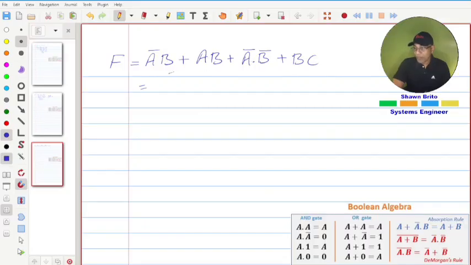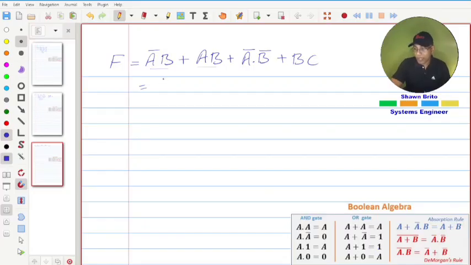Now we can simplify these two. Why would I want to simplify these two? Because if I take the B out, I will have A plus A bar, and I can simplify A plus A bar as 1. You can see it down here in the table of Boolean algebra: A plus A bar is 1, or B plus B bar is 1.